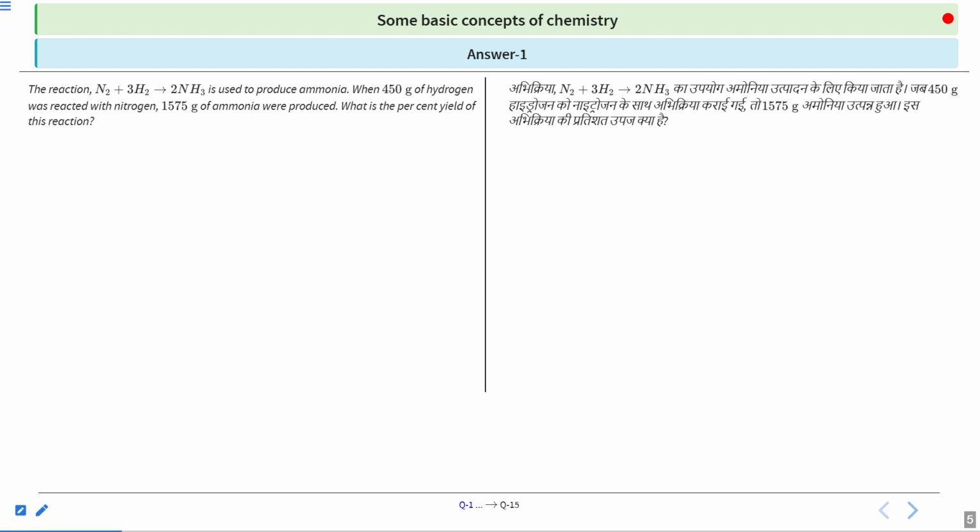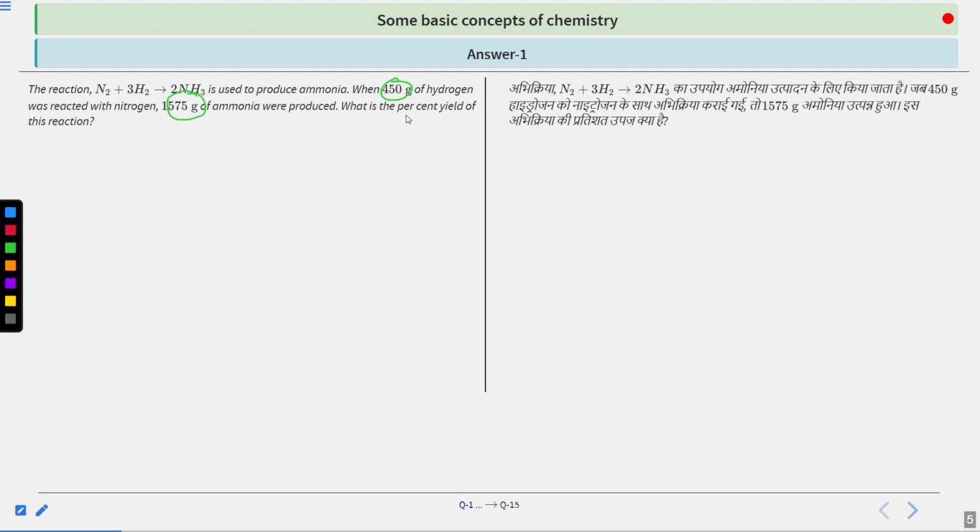Basically, they have considered that nitrogen is present in the appropriate amount required for this 450 gram of hydrogen. So this thing should be remembered. Now it is being said that this much hydrogen is giving this much ammonia.